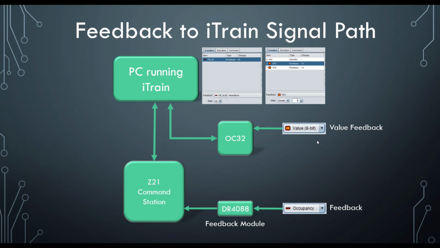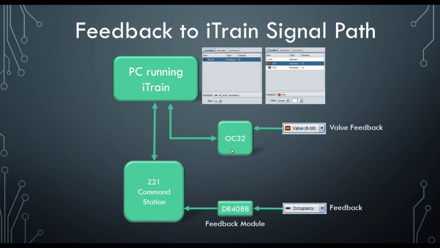It could be an external device. But whatever it is, currently that information must be fed into the OC32 accessory decoder and from there directly into iTrain.